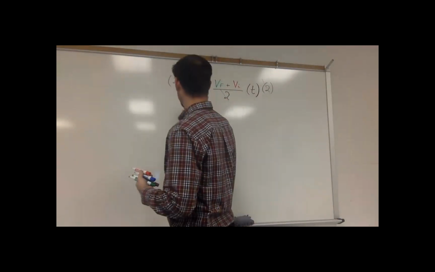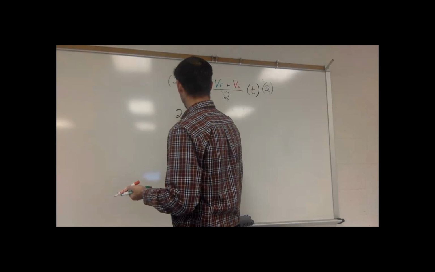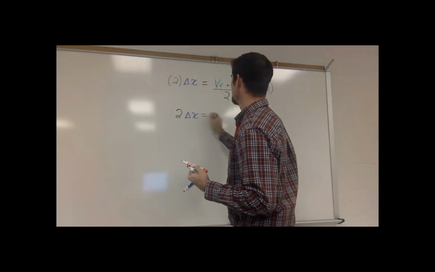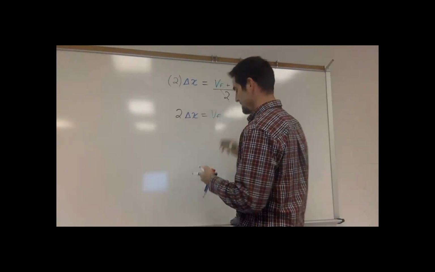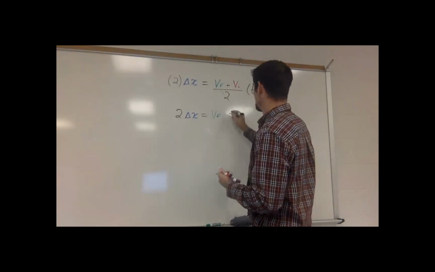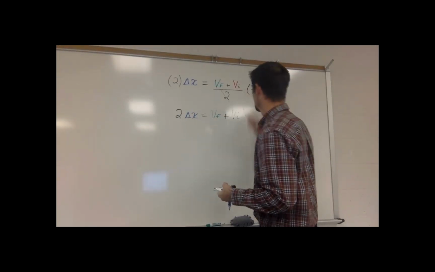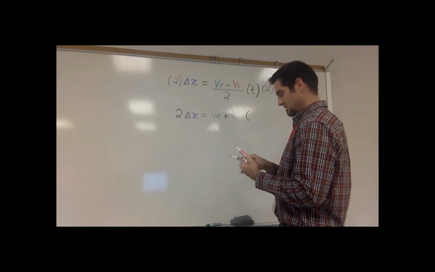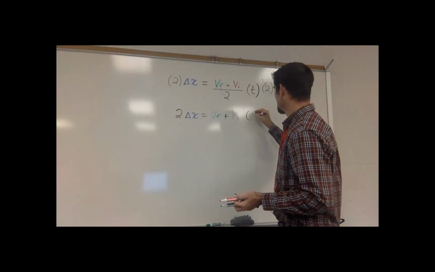Now you have 2 delta x is equal to final velocity plus initial velocity times time.